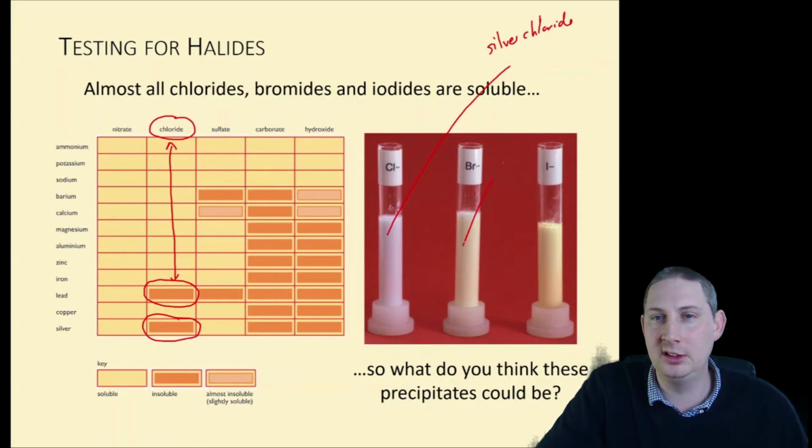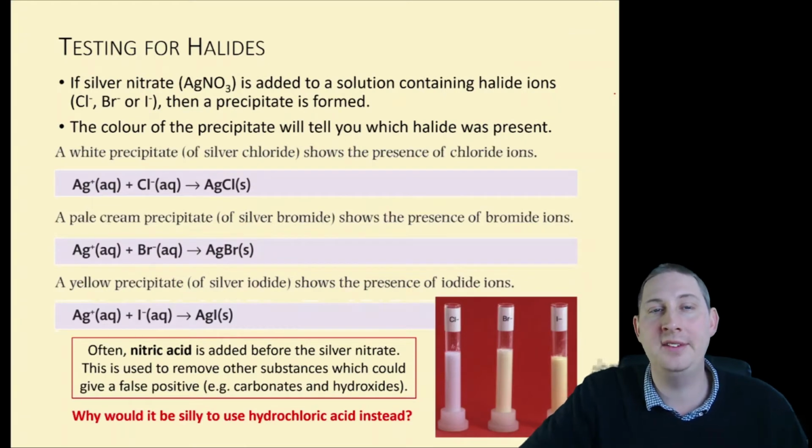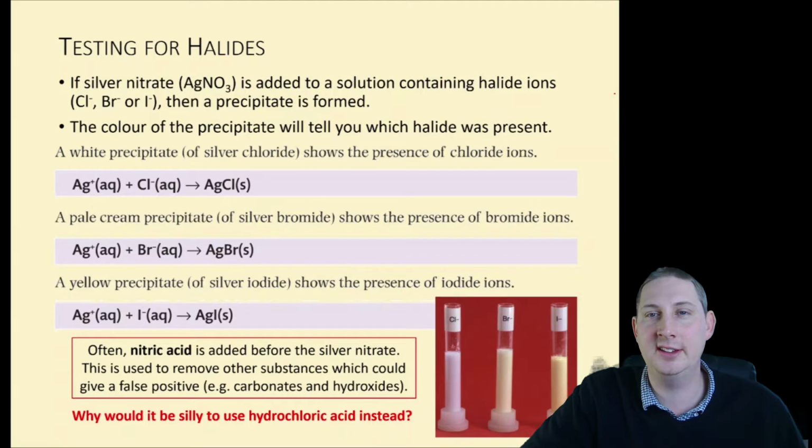This must be silver bromide. If silver nitrate solution is added to a solution containing halide ions, then a precipitate is formed. And happily, the colour of the precipitate will tell you which halide was present.